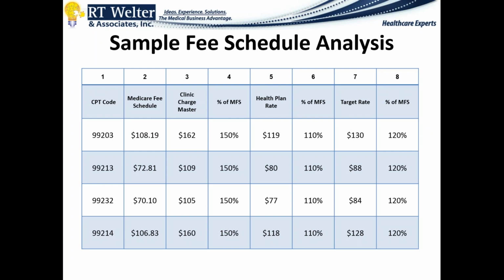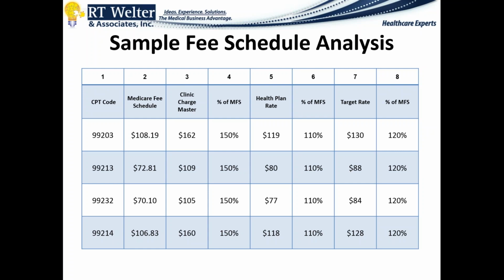If you were to develop your fee schedule based on Medicare fee schedule and doing 150% of the Medicare fee schedule, that would enable you to bill $162 to insurance for a 99203. Keep in mind, what you bill is not what you get paid.